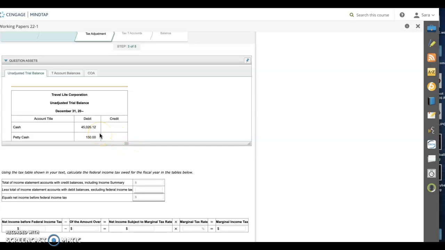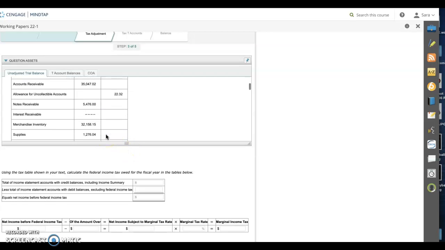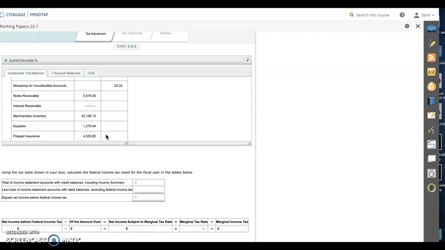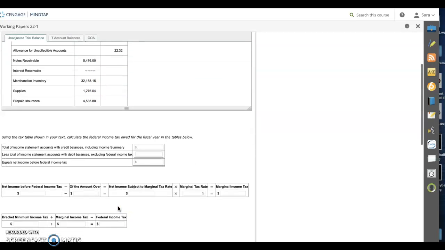So it's going to be, let's see, credit balances, so anything with sales, and so on, and then less the amount with debit balances. So those are going to be things that are everything else as far as expenses go and purchases. So I'm just going to grade it to get those answers to just not have to use the calculator.